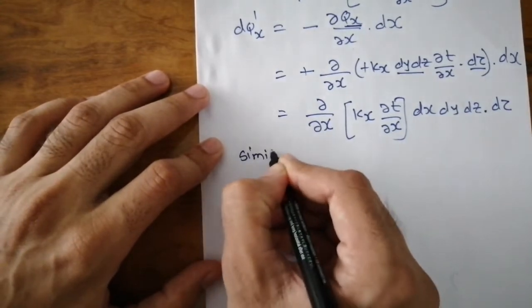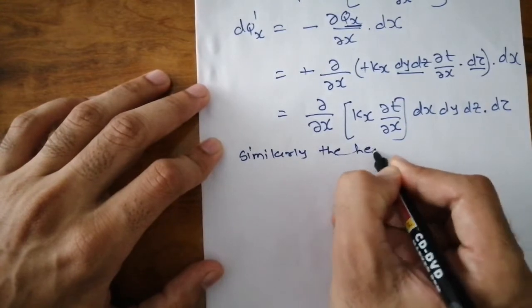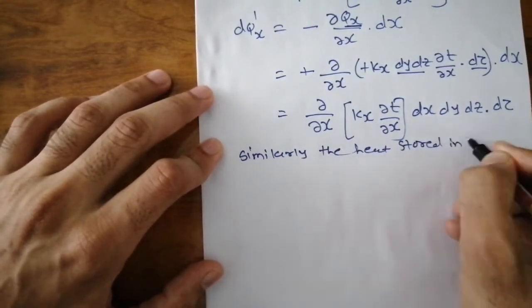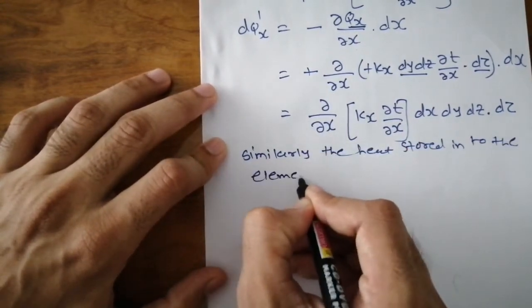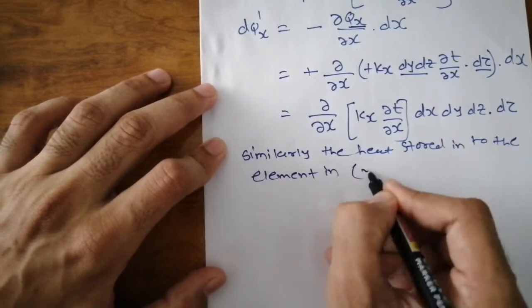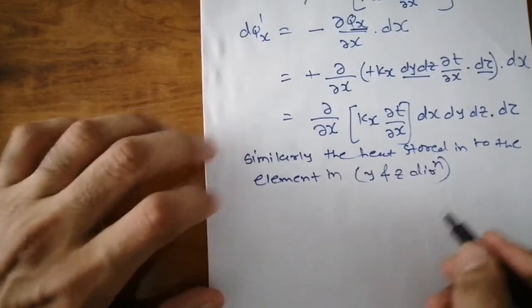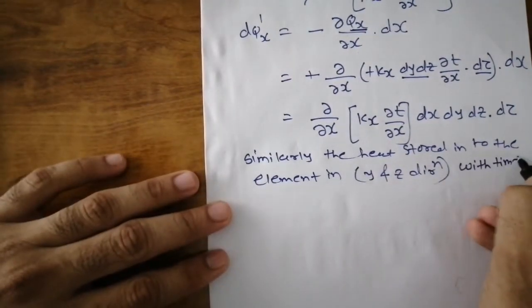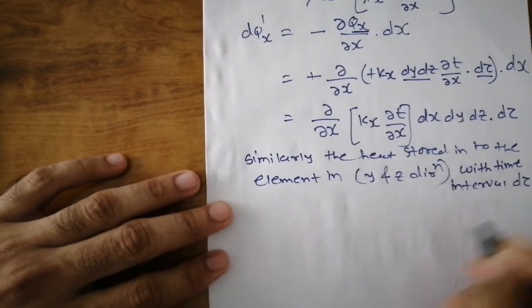So we write similarly the heat stored in the element in the y and z direction with time interval d tau.